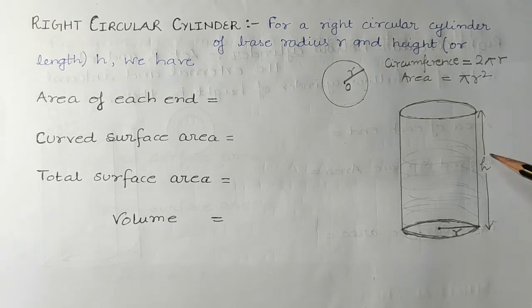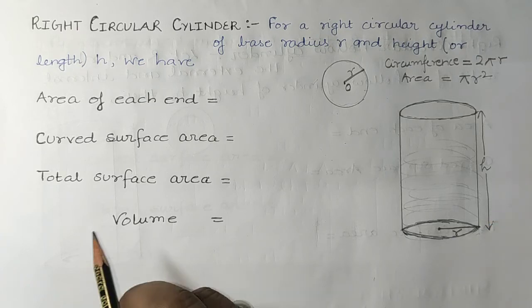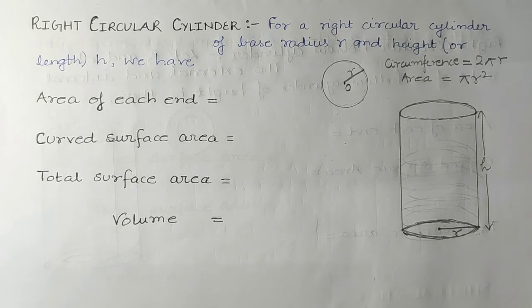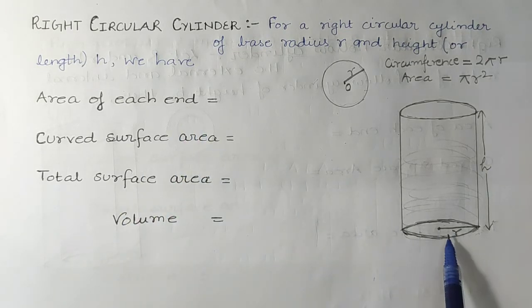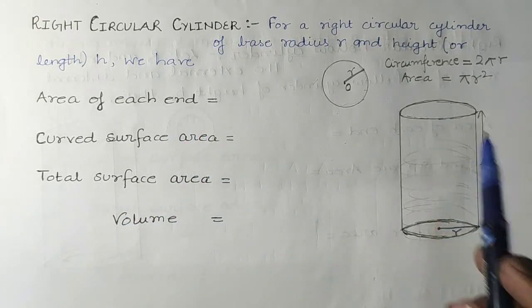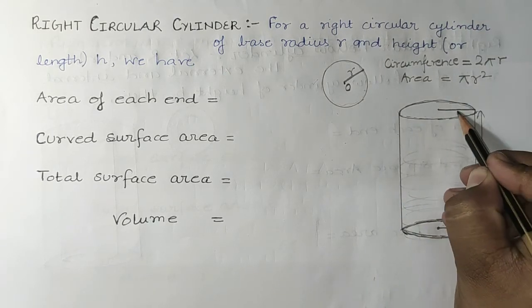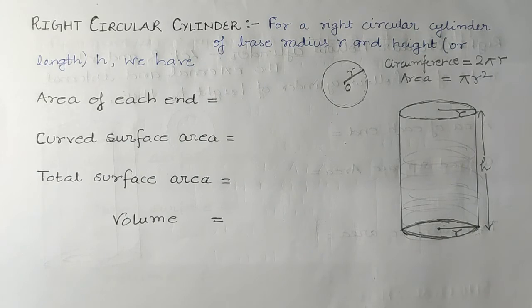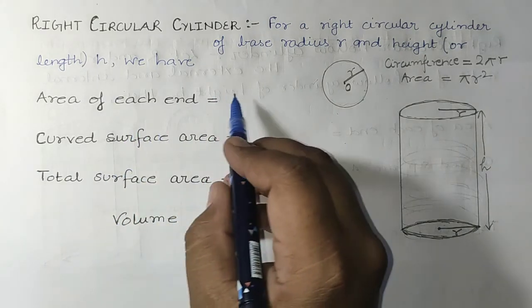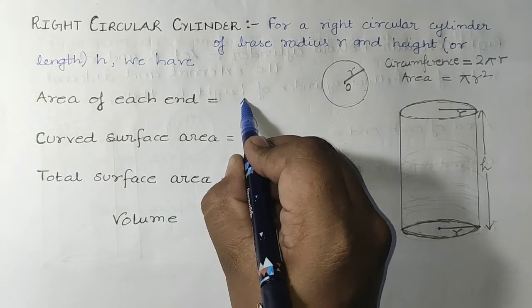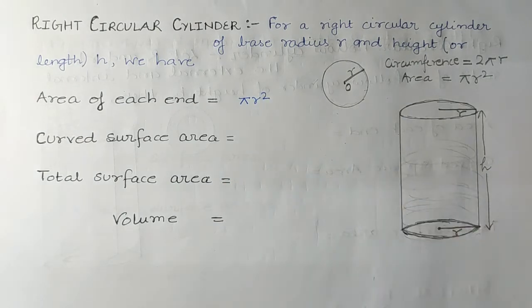Here length or height is h, and its radius is r. Now for the area of each end, we can give the formula. Each end is in the form of a circle whose radius is r, so the area of each end is pi r square.